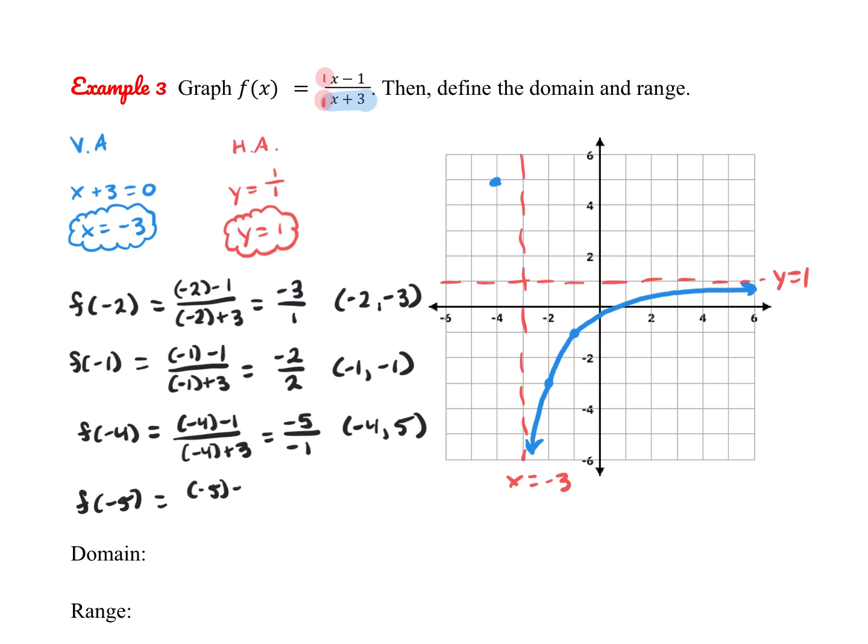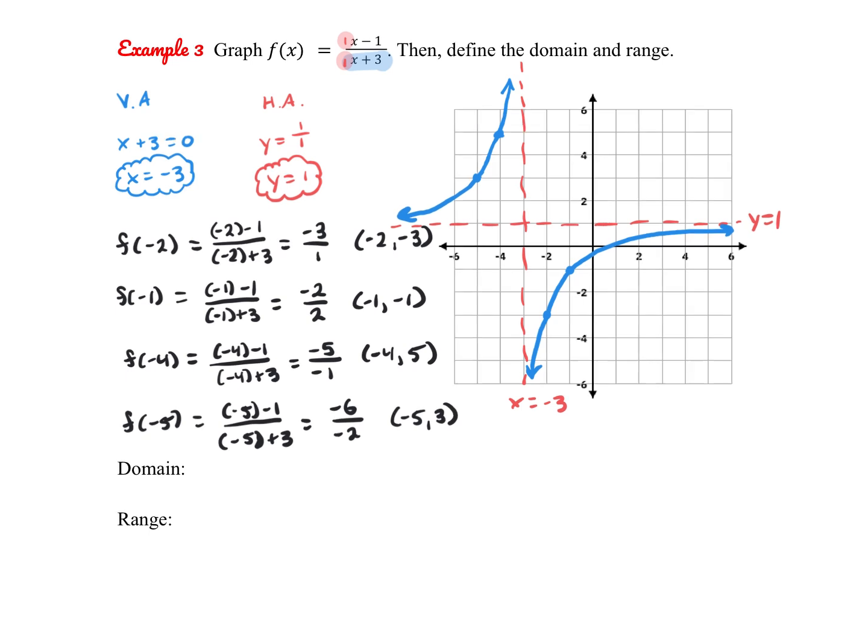So negative 5 minus 1 over negative 5 plus 3, negative 6 over negative 2 gives us the coordinate negative 5, positive 3. And again, I know that my graph is going to just travel along the asymptotes. I'm going to kind of extend it off my axis, but that's okay. We can go a little bit off for this example. So it will look something like this.